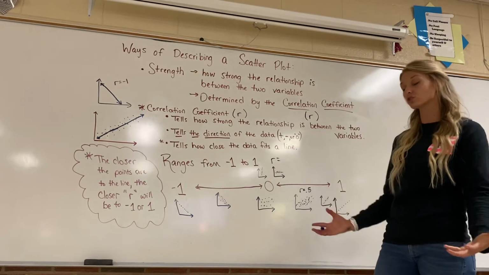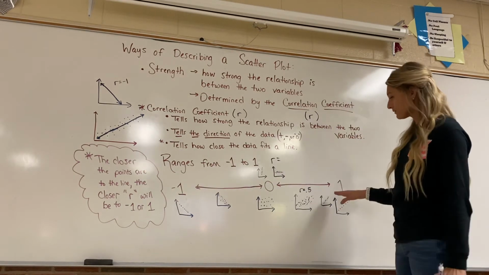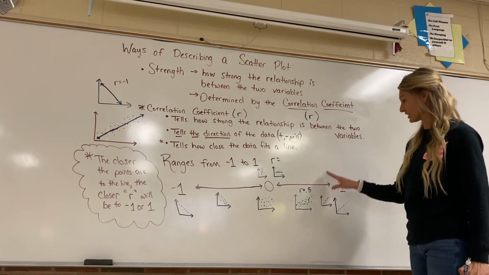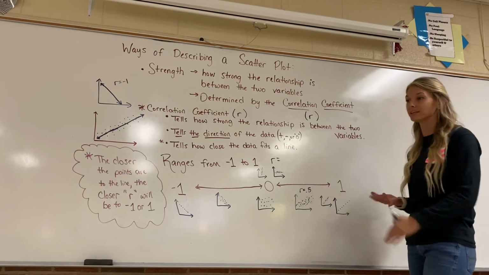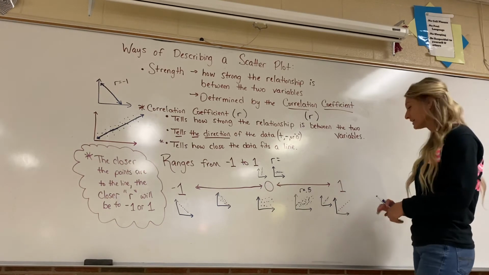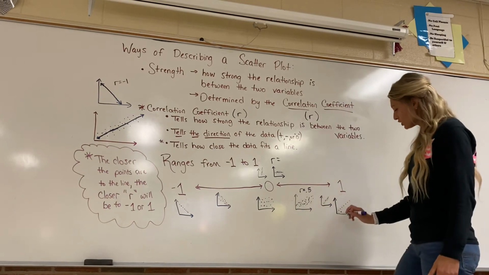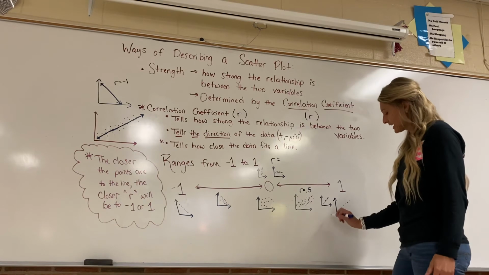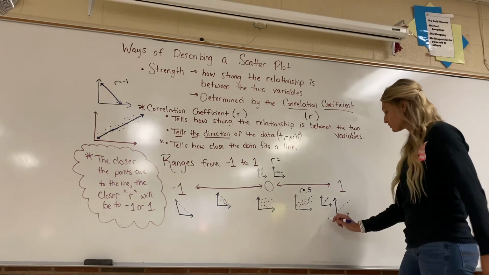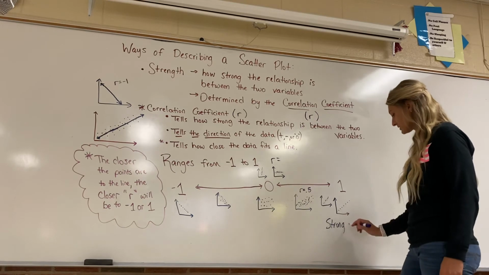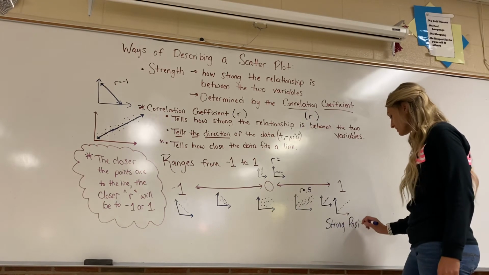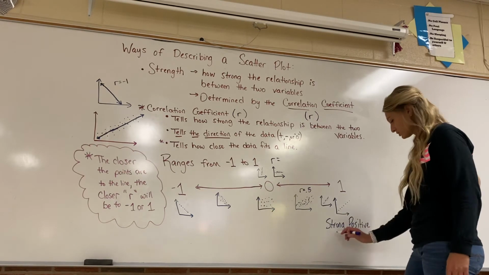So how do you actually describe it? Well, if you find the correlation coefficient and it's really, really close to 1, like 0.95, 0.99, 0.98, or even 1, then you would say that those two variables have a strong, and if it goes up, you would say it has a strong positive correlation, okay?